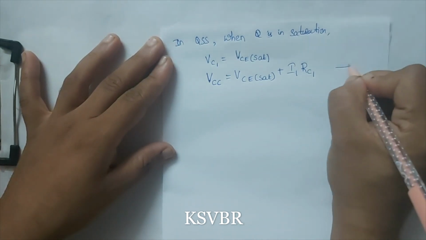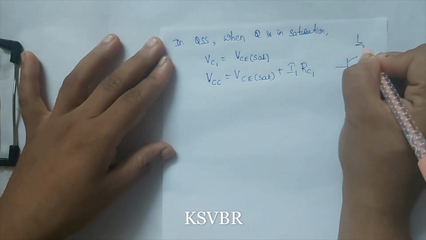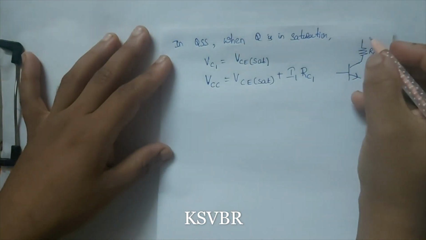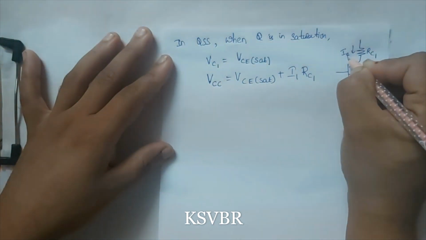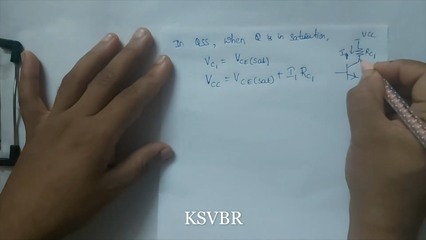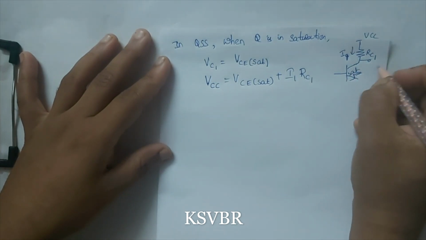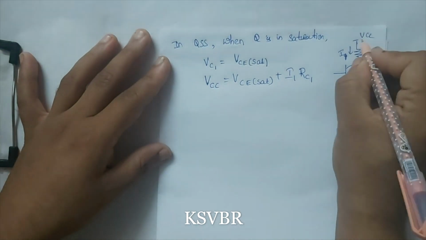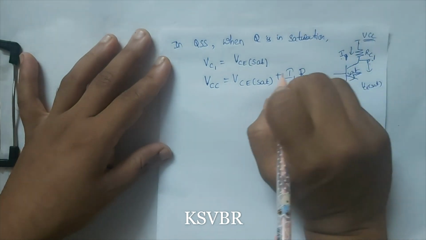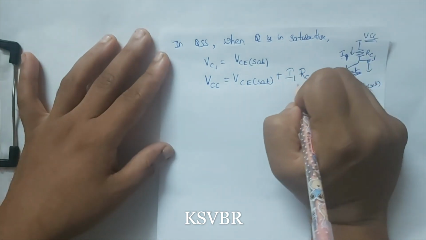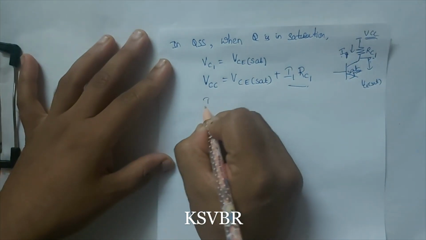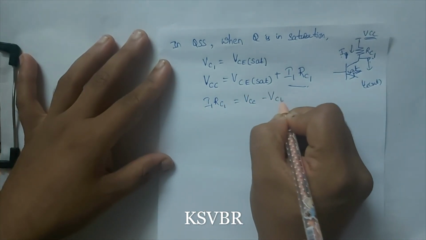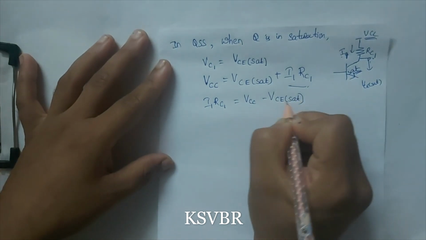Okay, so if you take the transistor like this, this will be RC1 and the current flowing through this is I1. If this transistor is in saturation region, the output VCE saturation is equal to VCC minus I1 into RC1. From this we wrote this. We want I1 RC1. So I1 RC1 is equal to VCC minus VCE saturation.